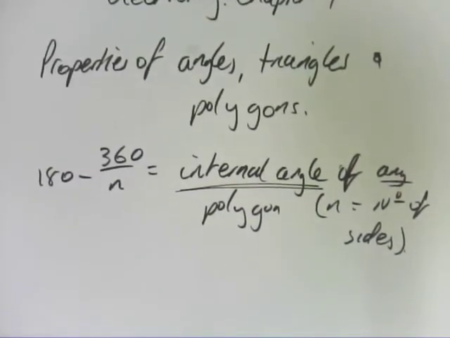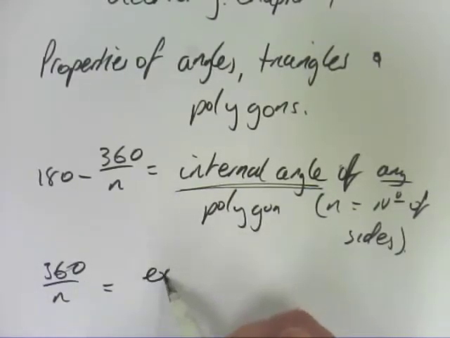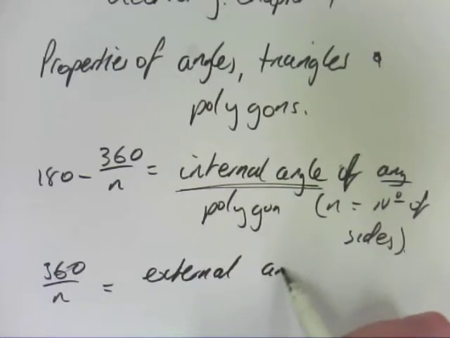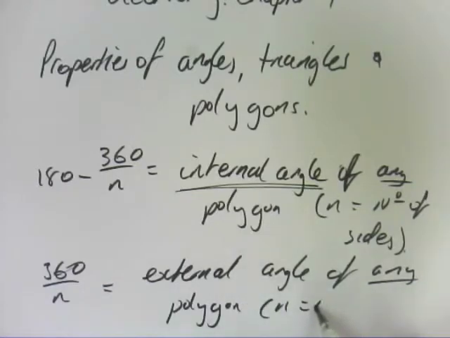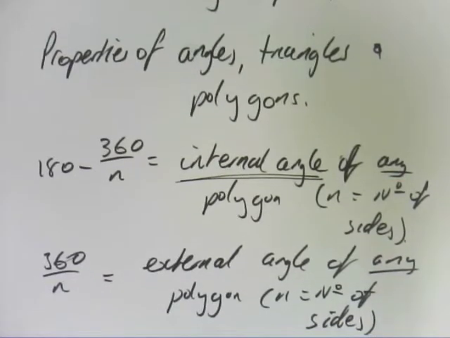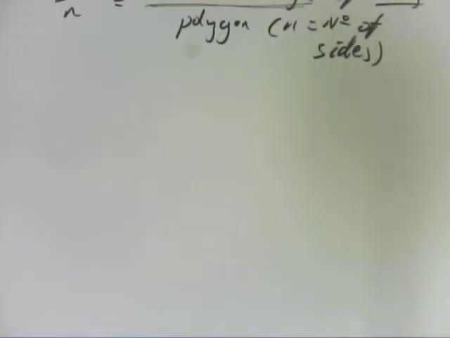There is a second one they give you there, where 360 divided by n is also the external angle of any, and again it's any polygon, where n is the number of sides. So they're the two rules that start off this chapter: finding the internal angle, or finding the external angle.